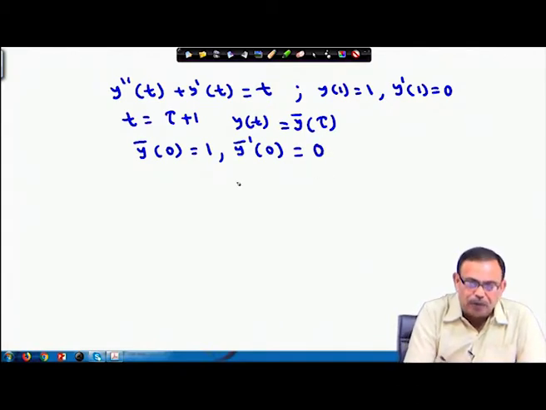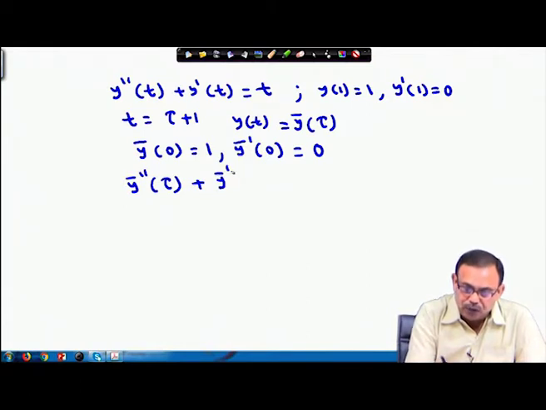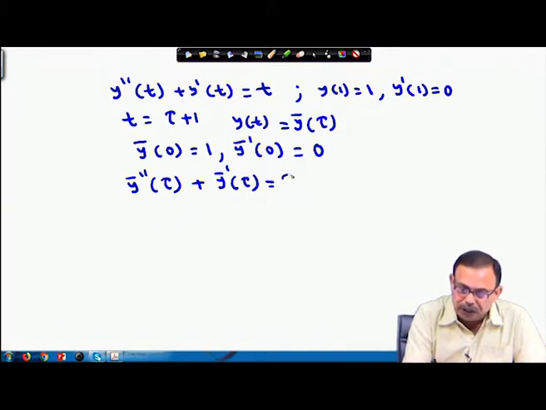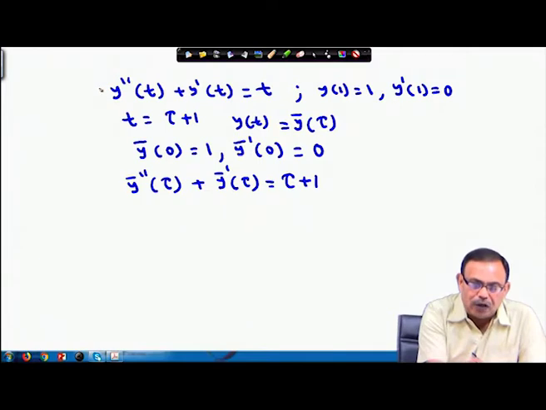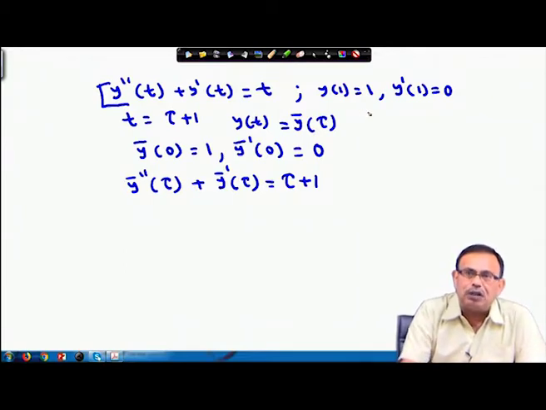And your problem is now transformed to y bar double dash (tau) plus y bar dash (tau) equals, only t will be changed to tau plus 1. So, you had the original problem, but since the conditions are not given at t equals 0 but at t equals 1, I am changing the parameter t.